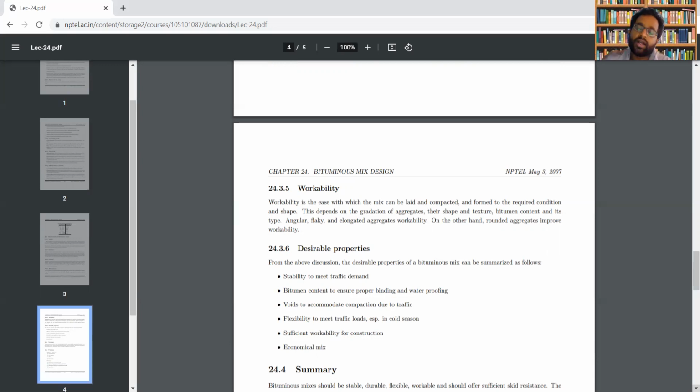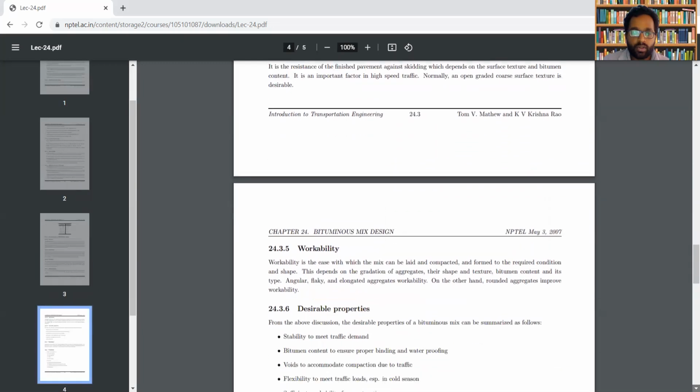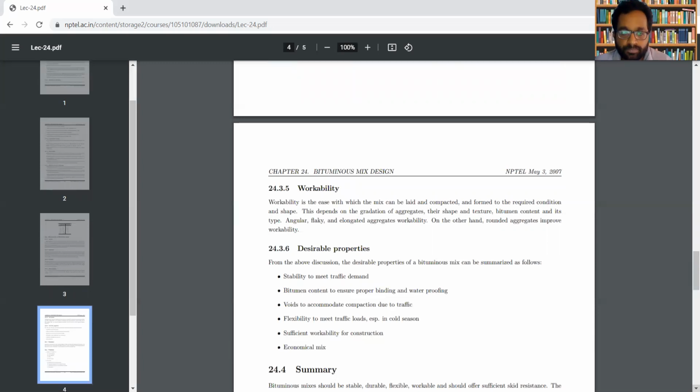So these are the different requirements or properties of a bituminous mix: stability, durability, flexibility, workability, and skid resistance. Summarizing the desirable properties of a bituminous mix, it should have enough stability to meet the required traffic demand.